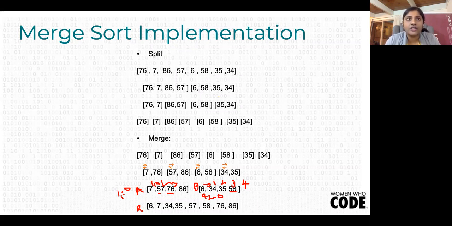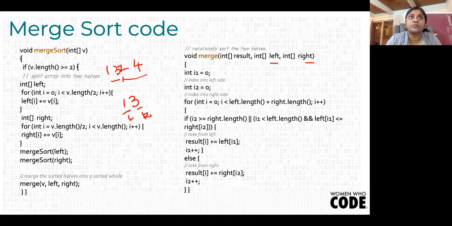So that's the condition that we have here in this merge step, where you have to index the left and the right, which will be initialized to 0.